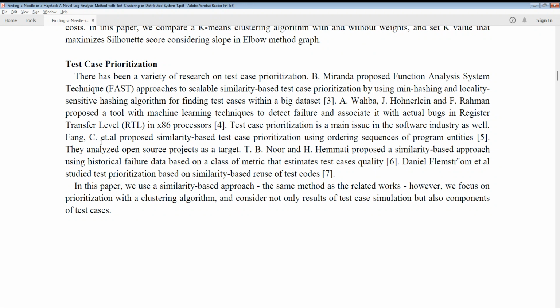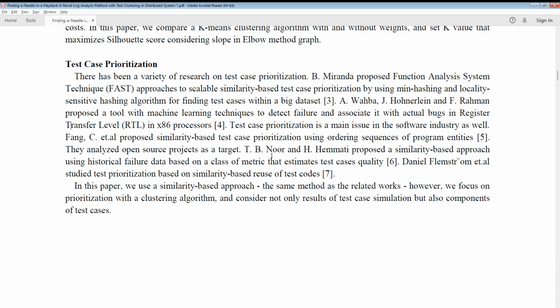Fang, C. et al. proposed a similarity-based test case prioritization using ordering sequences of program entities. They analyzed open source projects as a target.